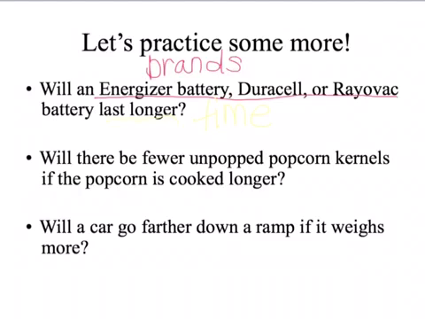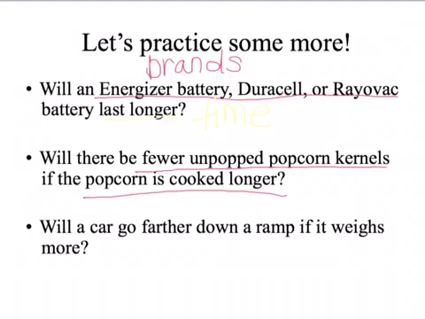Look at the second question. Will there be fewer unpopped popcorn kernels if the popcorn is cooked longer? What would the independent variable be, or what I'm changing? This one's a little bit different because there's nothing specifically in the question. But if you look here, fewer unpopped popcorn kernels if it is cooked longer.